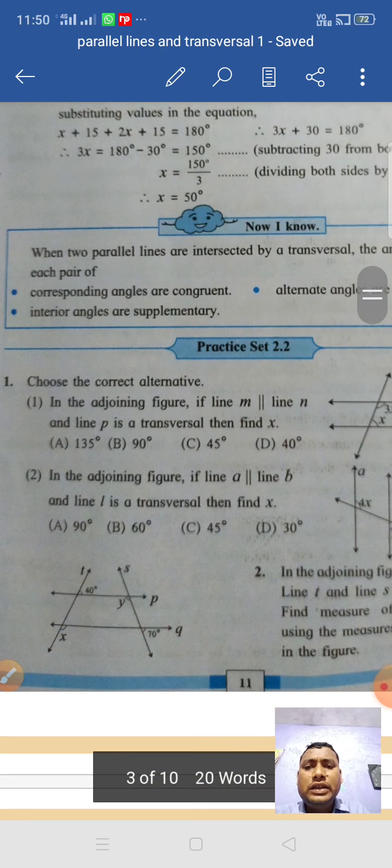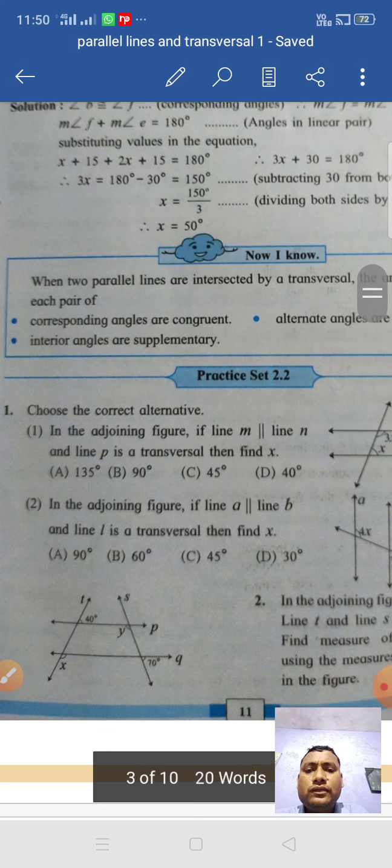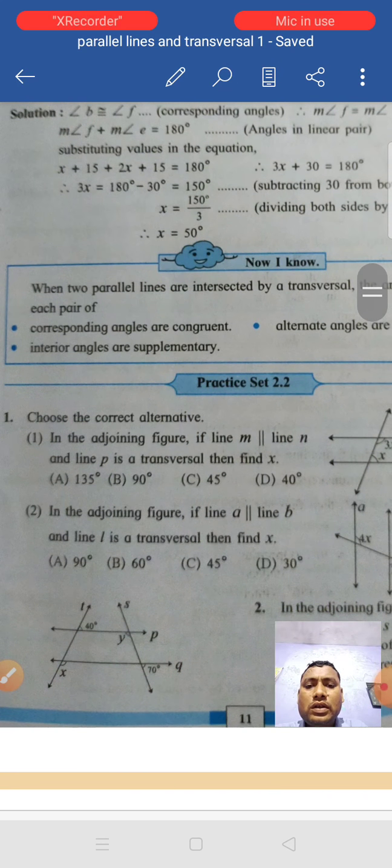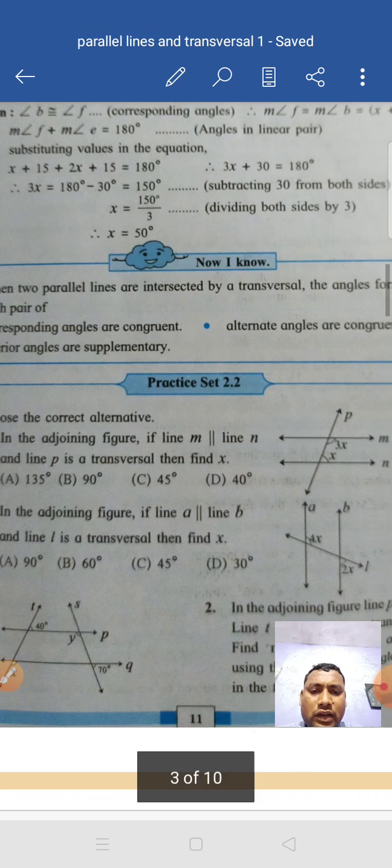Now students, see question number 2 here from the multiple choice. In the adjoining figure, if line A is parallel to line B and line L is a transversal, then find the value of x. Now see the figure here.